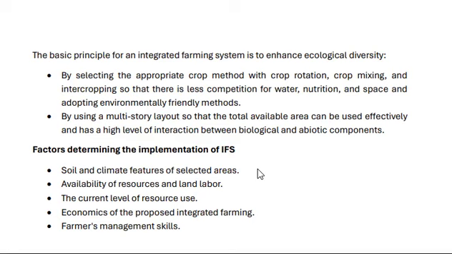The next factor, we have the availability of resources and land labor. Siyempre, kailangan rin natin i-consider yung mga inputs na ating gagamitin, resources gaya ng capital, mga inputs nga, mga raw materials, and siyempre land labor.